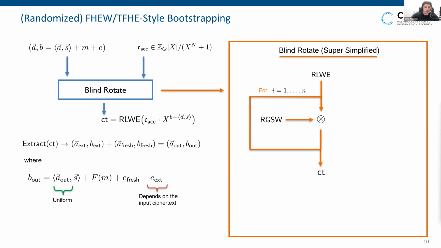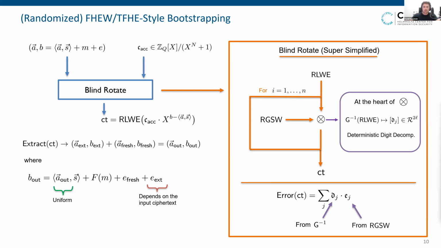But most importantly, at the heart of these products is a decomposition algorithm, G to the -1, that takes ring LWE as input and outputs a vector of ring elements, these DJs, of small norm. In practice, most implementations use a deterministic digit decomposition algorithm, something like a binary decomposition, but generalized to larger digits.